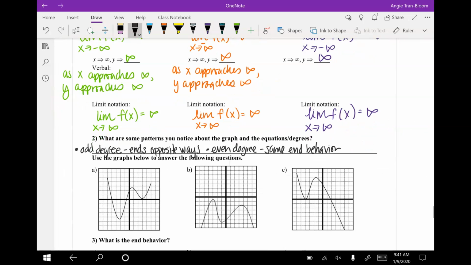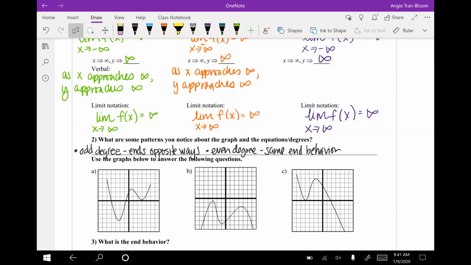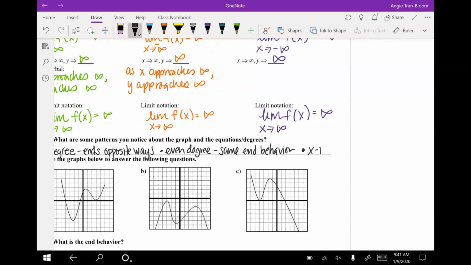Now let's talk about the number of real zeros, so the number of x-intercepts. How many x-intercepts, so how many real zeros can you have? More than the degree or less than the degree, or at most the same as the degree? Right, at most the same as the degree. Okay, so x-intercepts will be at most the same as the degree.